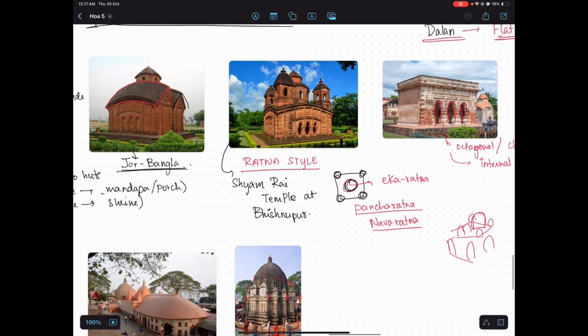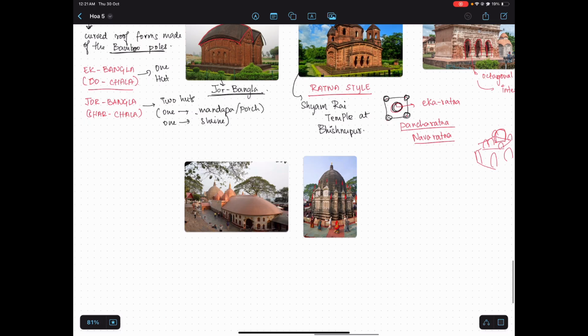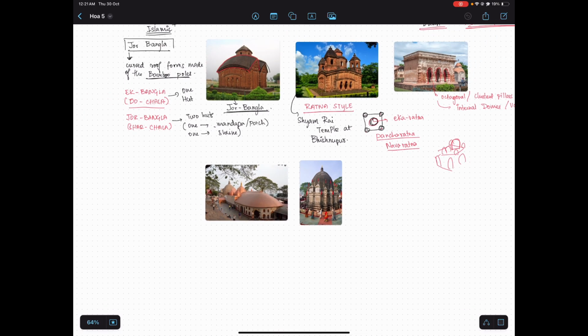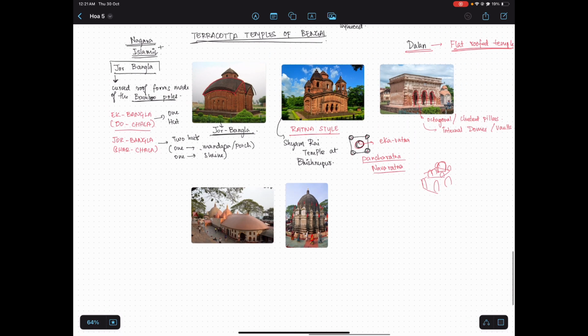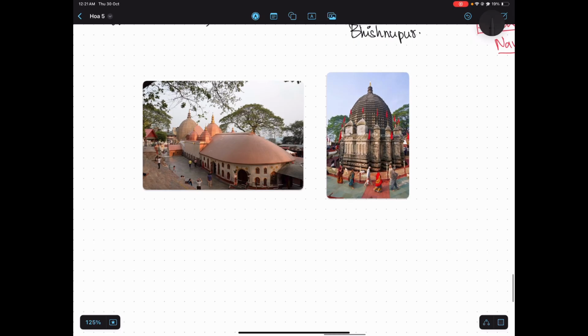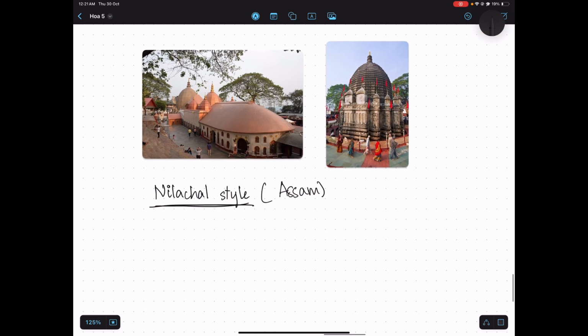Then we can move on to the last temple style that I have, which is the Nilachal type. And these are mainly present in the regions of Assam, and they are an inspiration of the Mughal architecture plus Nagara.